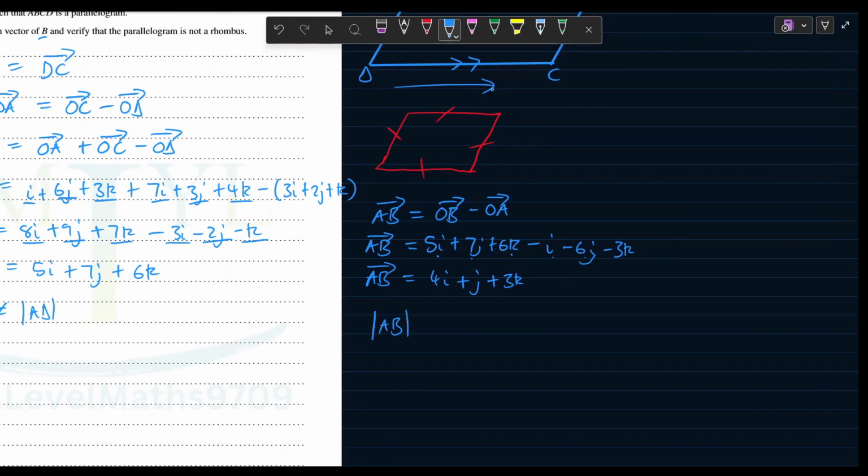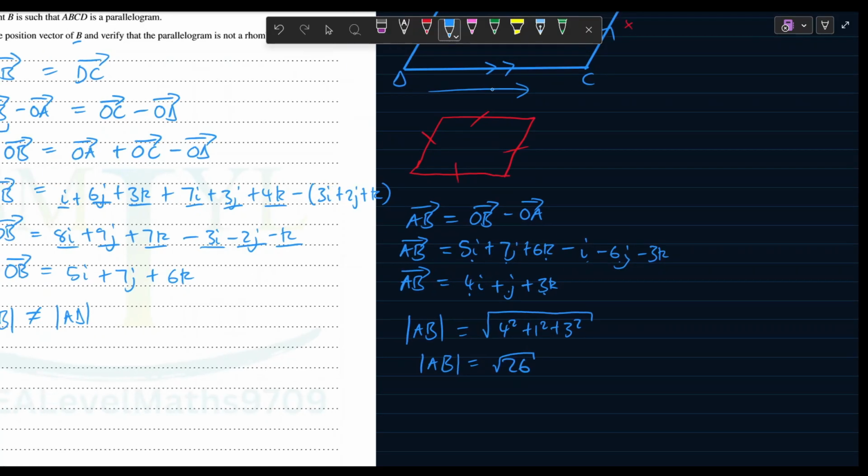The magnitude of AB is going to be the square root of 4 squared plus 1 squared plus 3 squared. So that's 16 plus 1, 17 plus 9, so root 26. And I don't think that simplifies. No, it does not. Root 26.